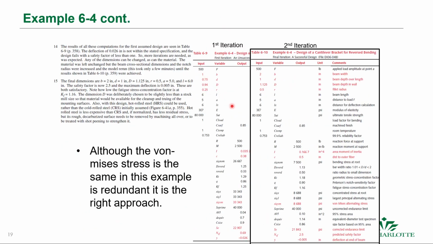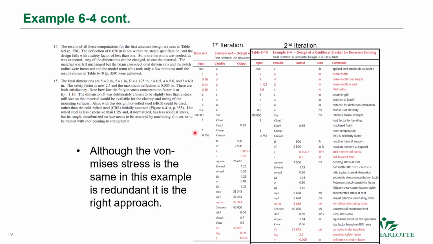So this is a fantastic example. This is an example that you should read through, that you should work, and that you should probably plug into EES and play around with the design parameters and understand.